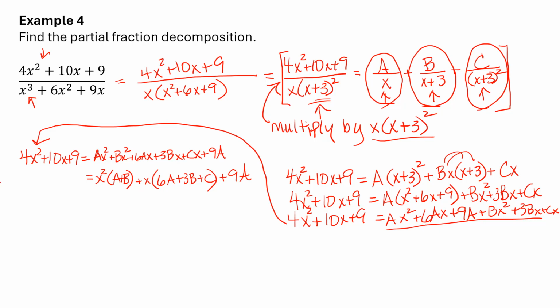So if all of that equals 4x squared plus 10x plus 9, since a plus b is the coefficient of x squared on the right side, it must equal the coefficient of x squared on the left side. So a plus b must be 4. And then since 6a plus 3b plus c is the coefficient of x, it must equal 10.